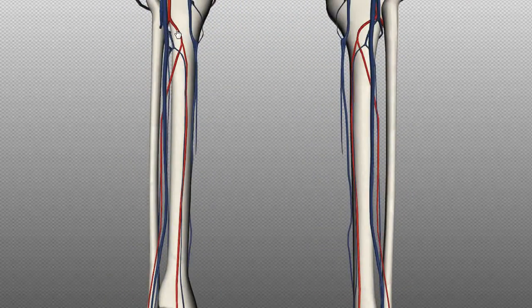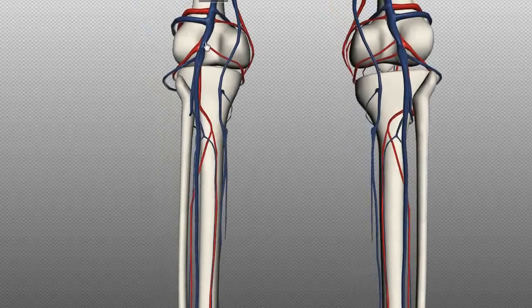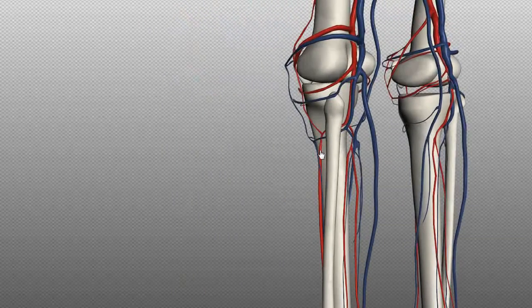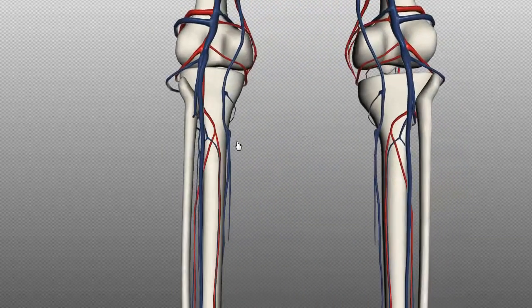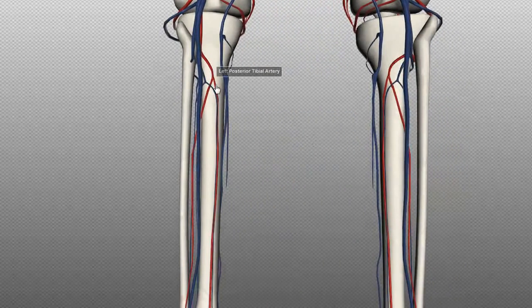You've got the posterior tibial, so the popliteal artery splits into the posterior tibial here. The posterior tibial artery runs down the posterior surface of the tibia, and you've got the peroneal artery, which runs laterally on the posterior surface. So just to recap, you've got the popliteal artery, which branches off into the anterior tibial, which winds around onto the anterior surface of the tibia, and you've got the posterior tibial, which descends along the posterior surface of the tibia, and the peroneal artery.